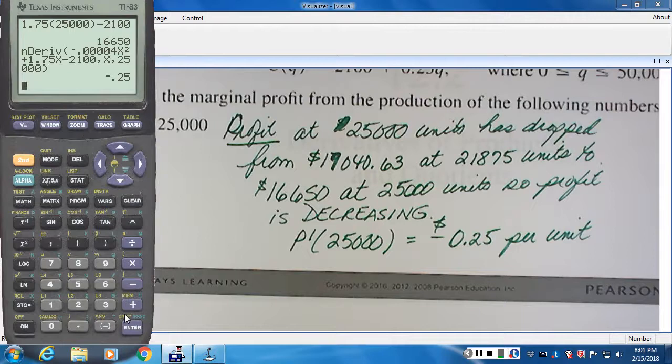Minus 2,100. And then the last one has 25,000 or whatever. I got negative 10.9.